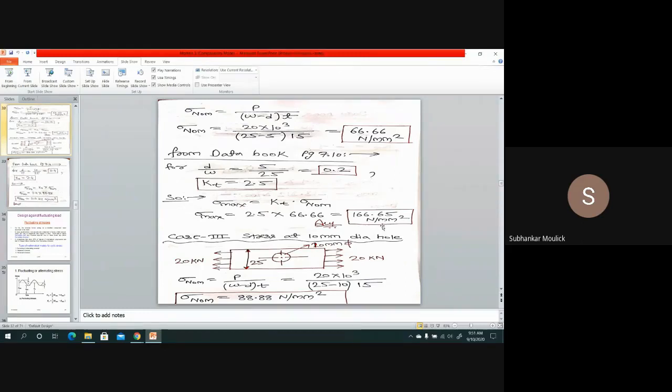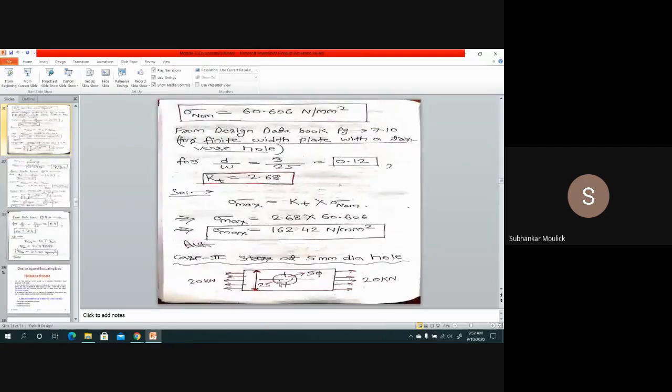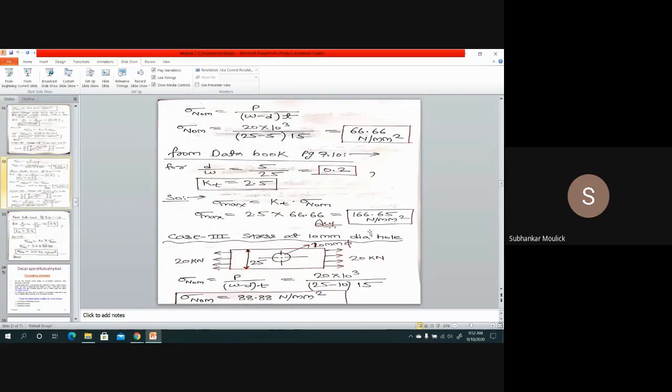This is sigma nominal, multiply it with Kt. The maximum value of stress generated near this 5 diameter hole in the plate is 166.65 Newton per mm square. Is it clear?